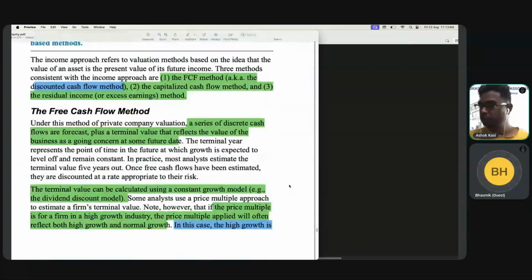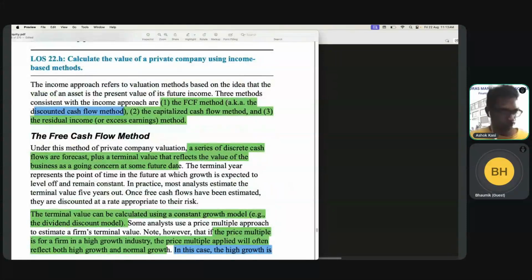Income approach. Just quickly go through all this, whatever I have highlighted. The free cash flow method, also known as the discounted cash flow method.